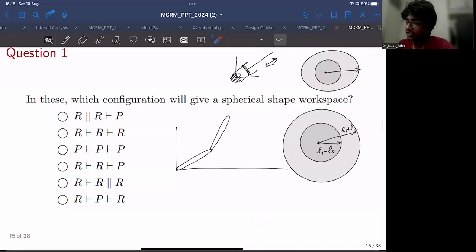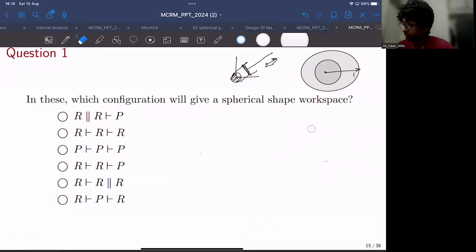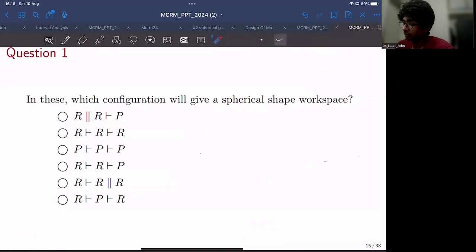So the easiest way is to identify how many coordinates you require to define a spherical workspace, right? Because we already know that in the case of a spherical workspace, for example, if I draw something in spherical coordinates, maybe something like this.